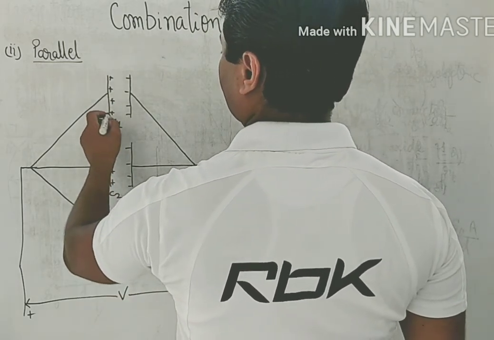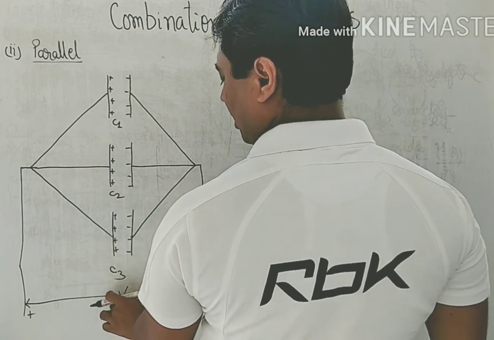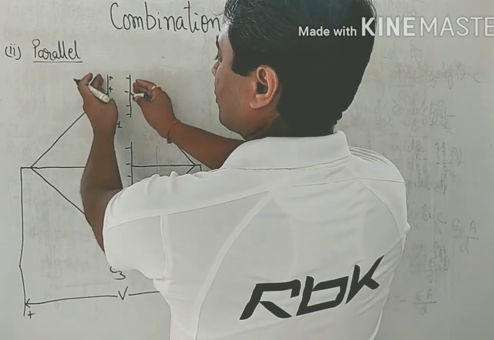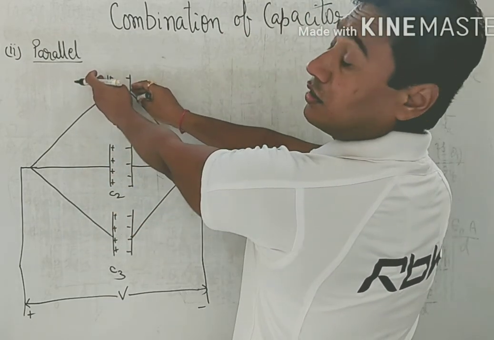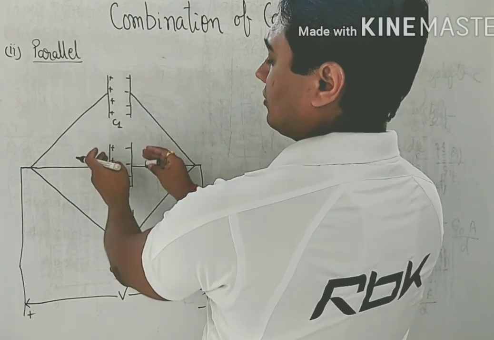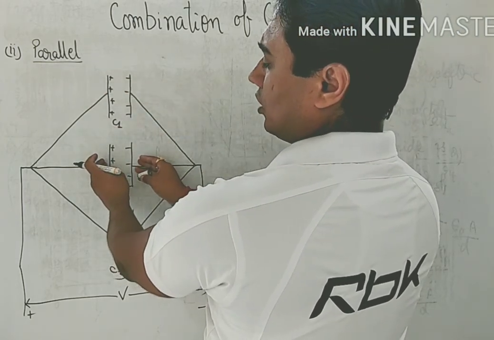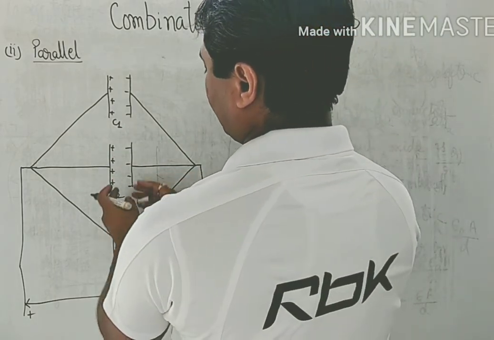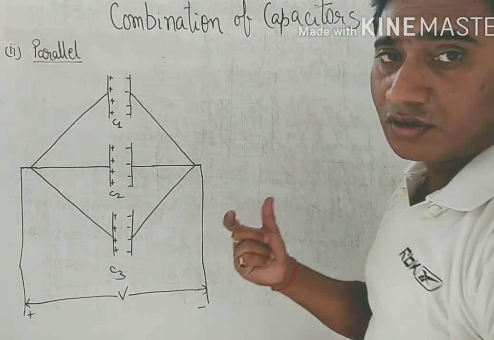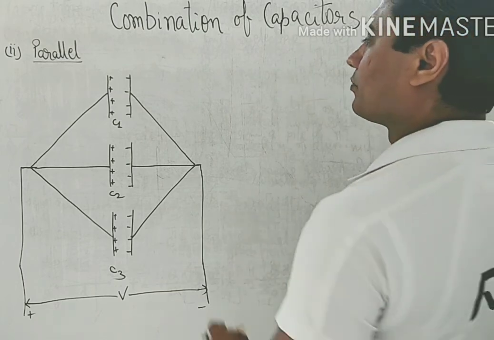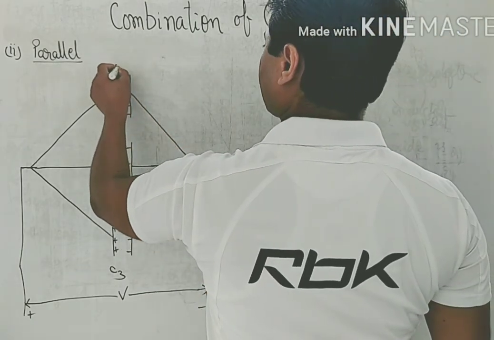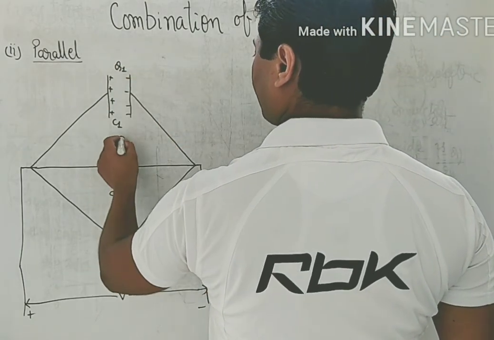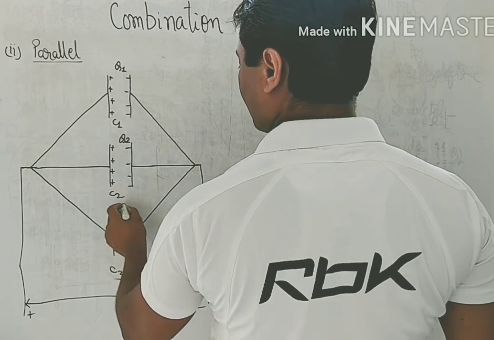Now here the potential applied will be equal to the potential appearing across the plates of the first capacitor, and the same potential will appear across the plates of the second capacitor, and the same will appear across the plates of the third capacitor. So here the charges stored will be of different values.